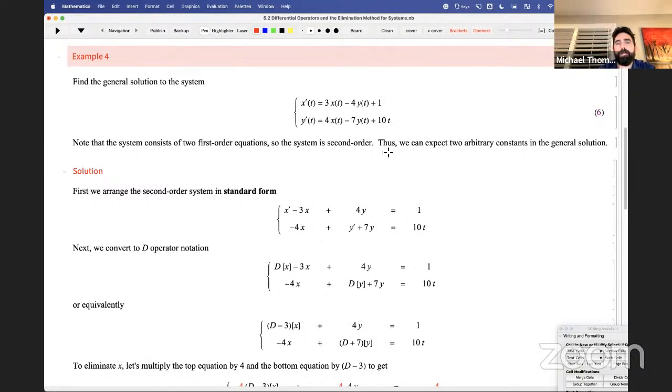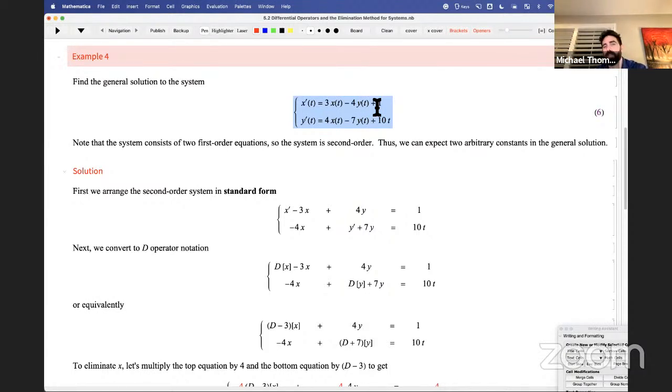All right. Here's something else I forgot to mention. If you have a second order system, it works just like equations. For a second order system, we can expect two constants in our solution. If it's a third order system, we can expect three constants. Remember the constants of integration, the C1, the C2, C3, and so on.